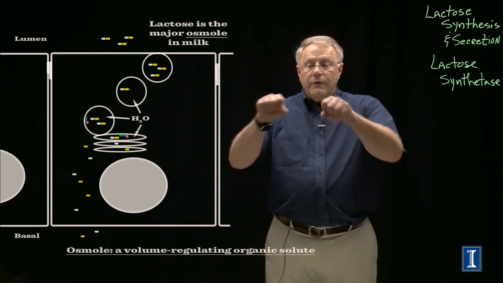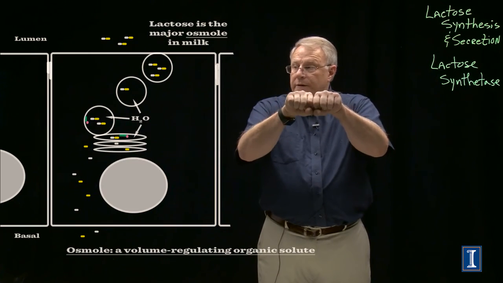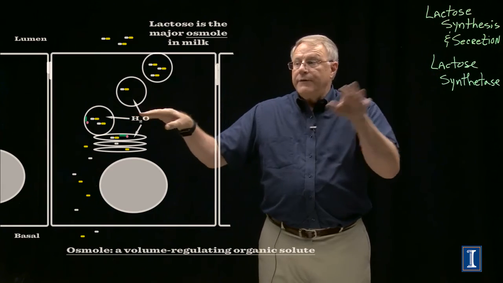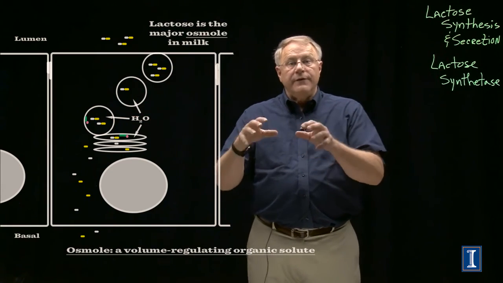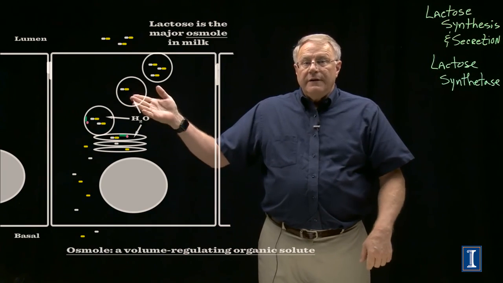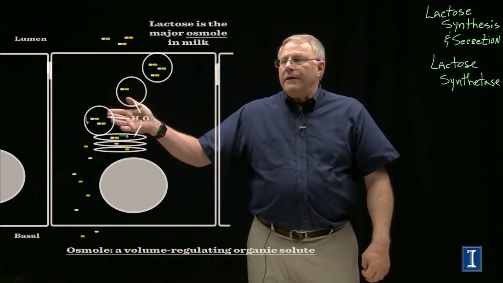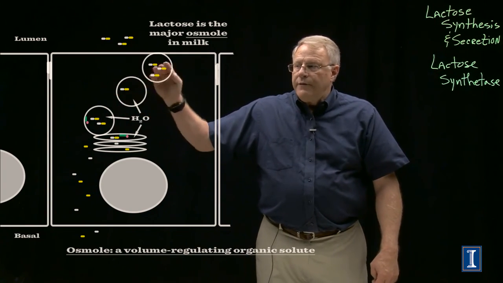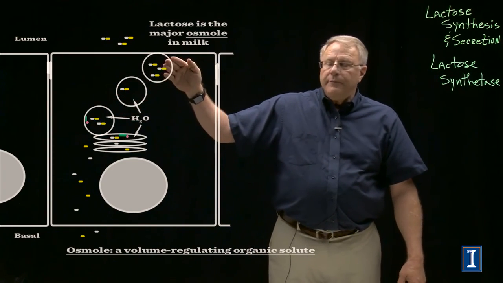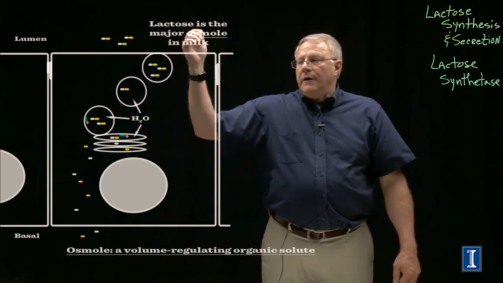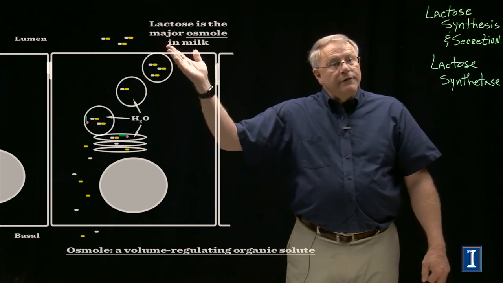They are then covalently linked in the Golgi apparatus by the lactose synthetase, the galactosyltransferase and alpha-lactalbumin complex. The production of that disaccharide causes water to be drawn in, and so the water and the lactose, by this mechanism of secretory vesicles, are then eventually released into the lumen, and that's how we get lactose being produced.